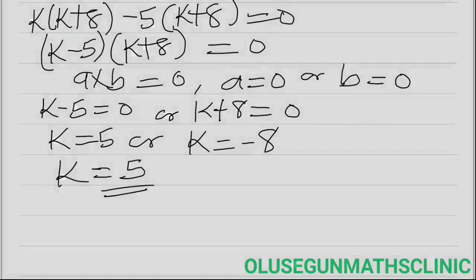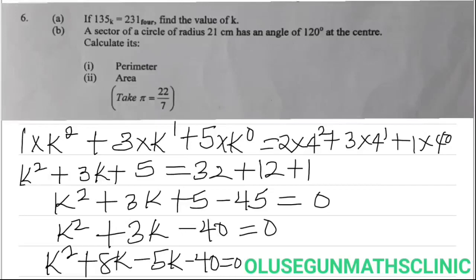So let's go to the next question. So let's solve 6b. Let's see the question. The 6b says a sector of a circle of radius 21 centimeters at an angle of 120 degrees at the center. Calculate the perimeter and the area of the sector.